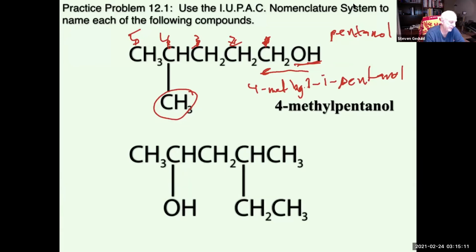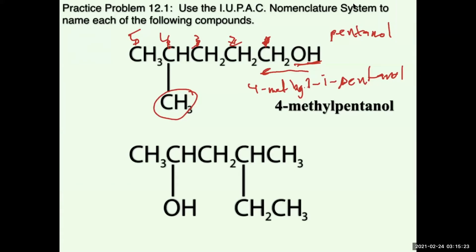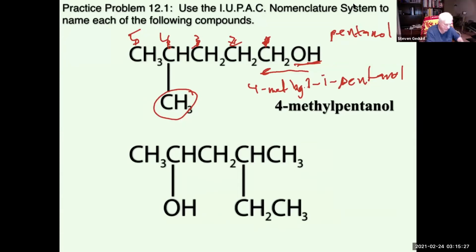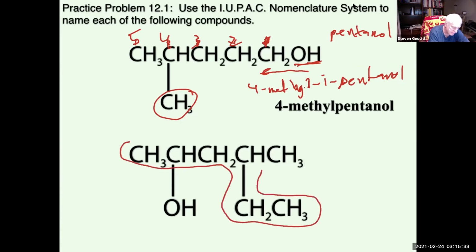All right, name this thing. How many carbons in our longest carbon chain? 6. Our longest carbon chain runs just like this. It's not always in a straight line.